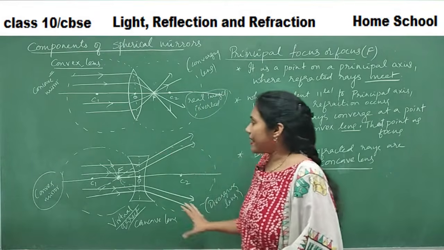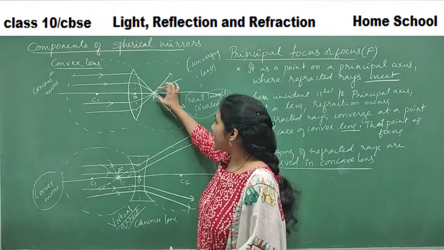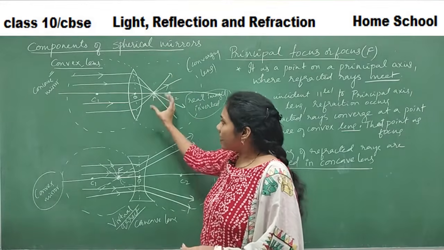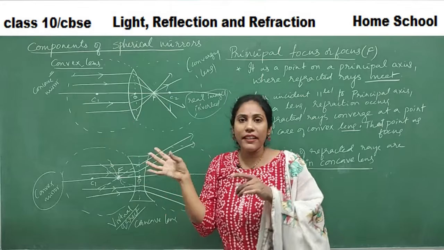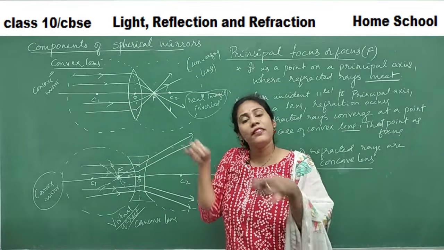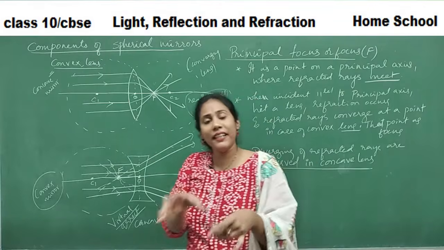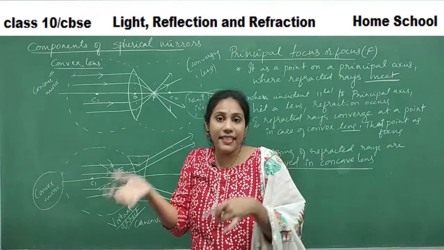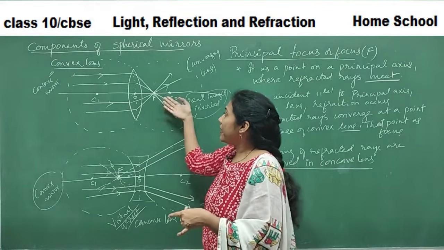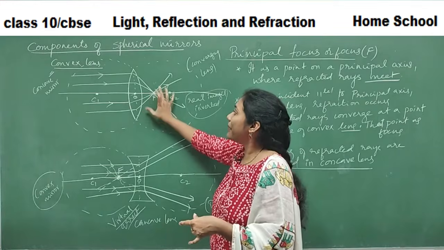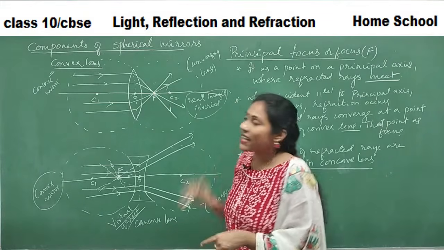Just try to understand. Since the refracted rays are meeting, look at the side where they are forming, as you have always seen in the concave mirror. In front of the mirror, reflection is happening, the reflected rays are meeting, then such an image formed in front of a mirror we call real, right? Same way, compare here: refraction is happening on this side, they are meeting there only, so the image formed in this case is always real.